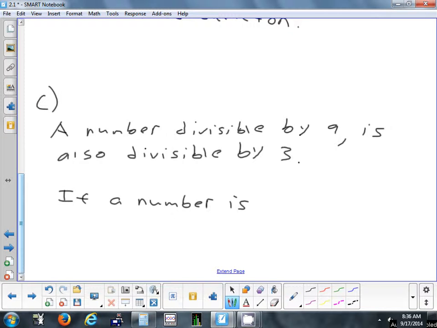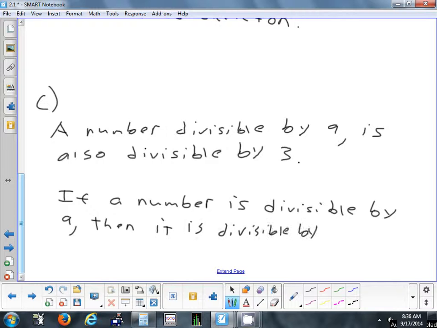If a number is divisible by 9, then now you can use it, because we already know the subject. It's the number. Okay, so if a number is divisible by 9, then it is divisible by 3. So if you take the number like 18, 18 is divisible by 9, 18 is also divisible by 3.